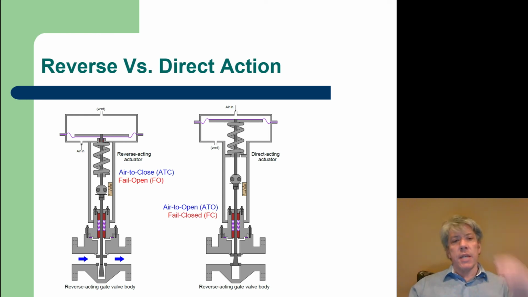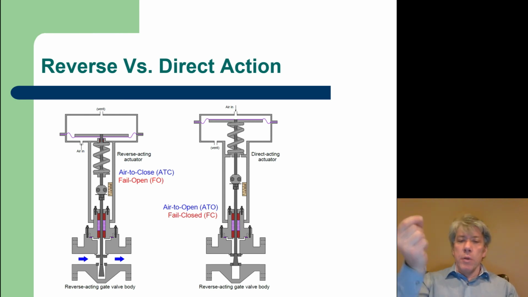So in that case, an increase in air signal decreases the flow rate. So this is a reverse action, whereas overall the valve on the right-hand side, when we put air into the top, that moves the plug out of the way and increases the flow rate.